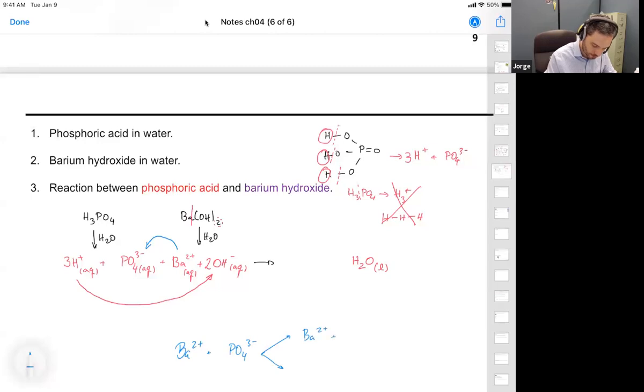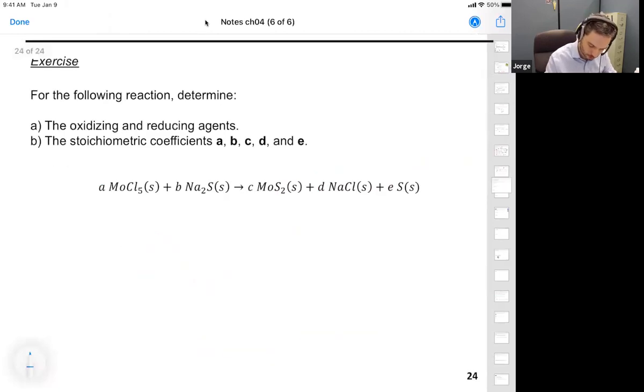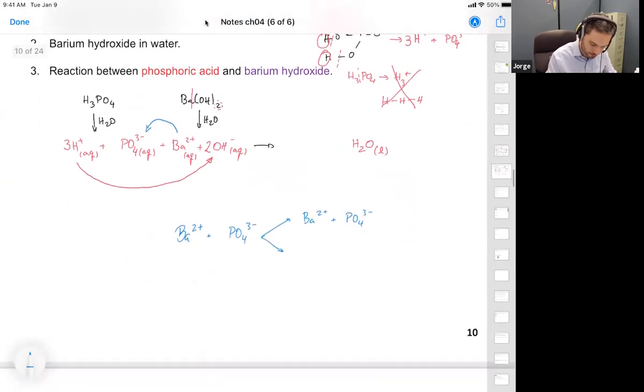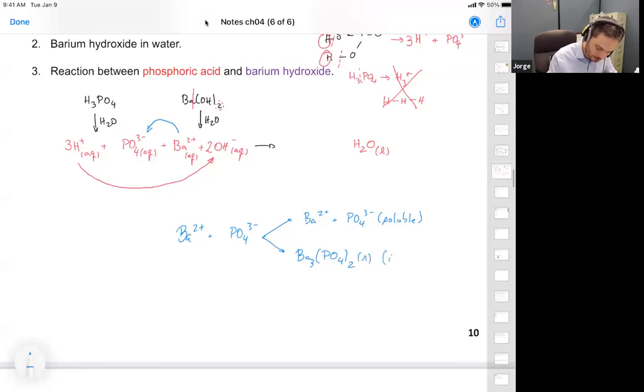In water, they are just the separated ions in solution. This is the case where the compound is soluble, or they form such a strong bond that they are going to precipitate and form a solid, okay? And this is when the salt is insoluble.